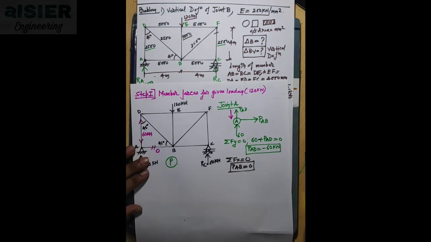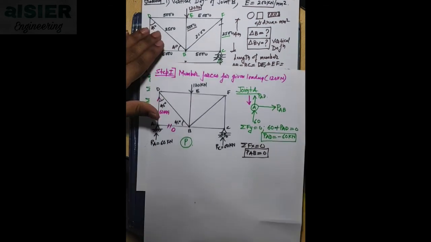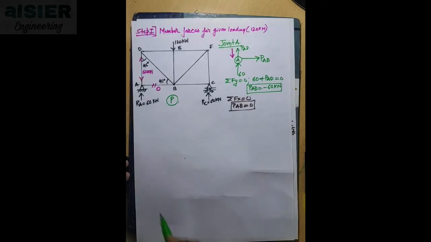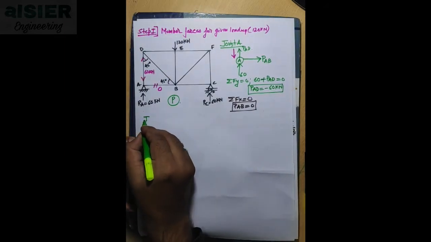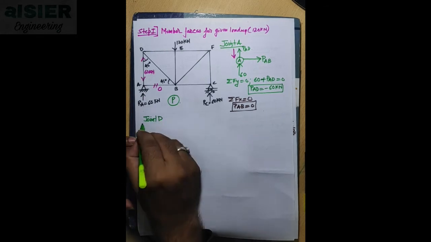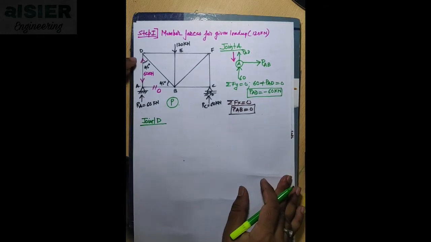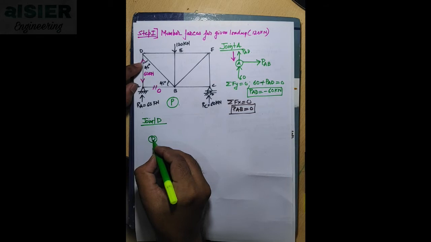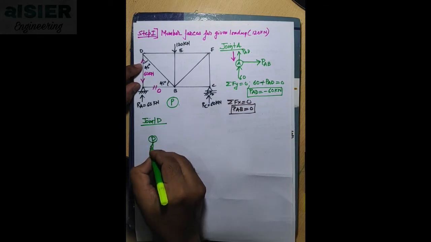Now we will take other joint. So now we will take joint D. At joint D we will try to draw the diagram. This is joint D. At joint D there is one force, that is DA, which is towards the joint.